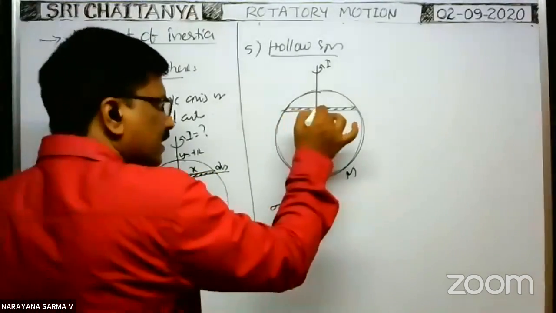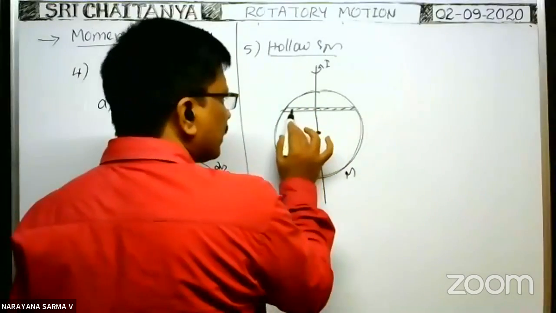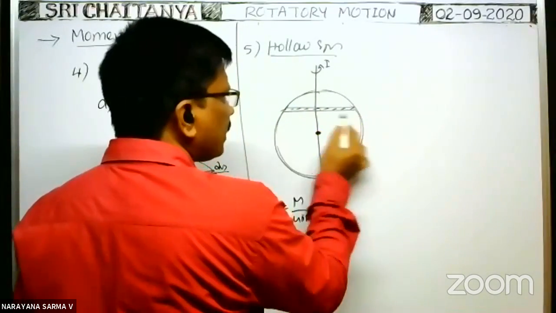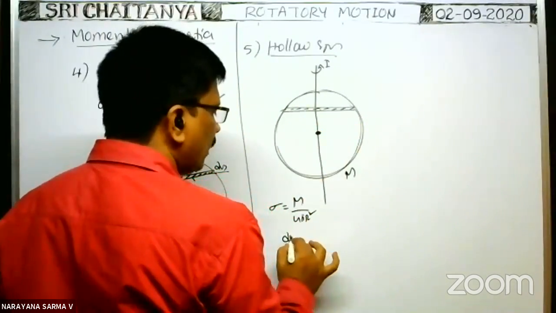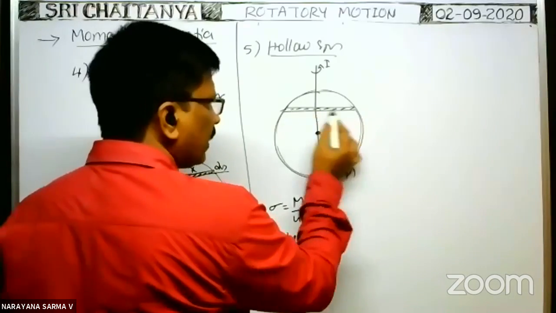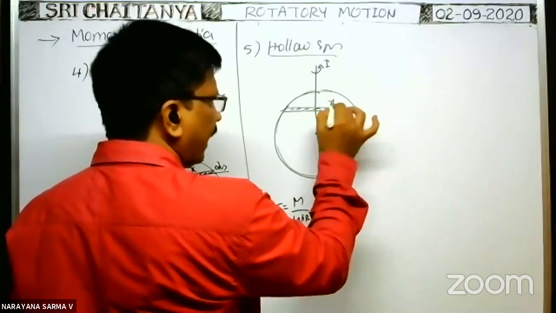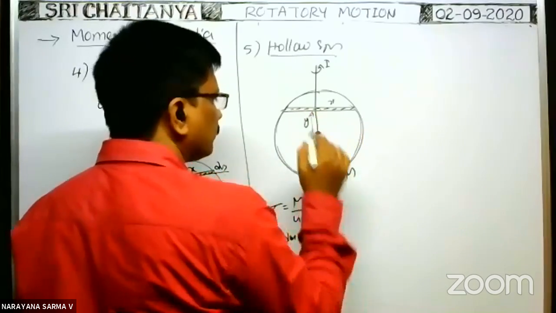Similarly, in this case, what is the mass? The mass resides only on the surface, that's why we have to take the surface area. To find the mass of the element here, the radius is say x, at a distance say y.